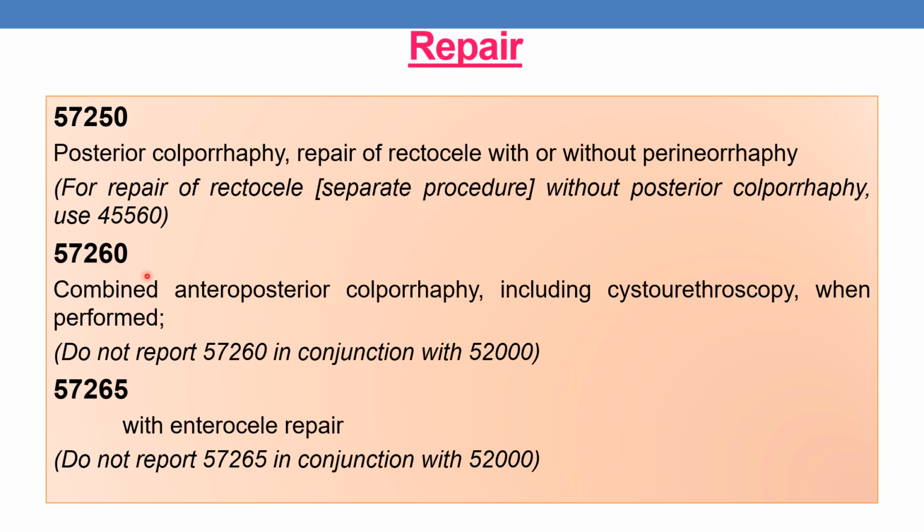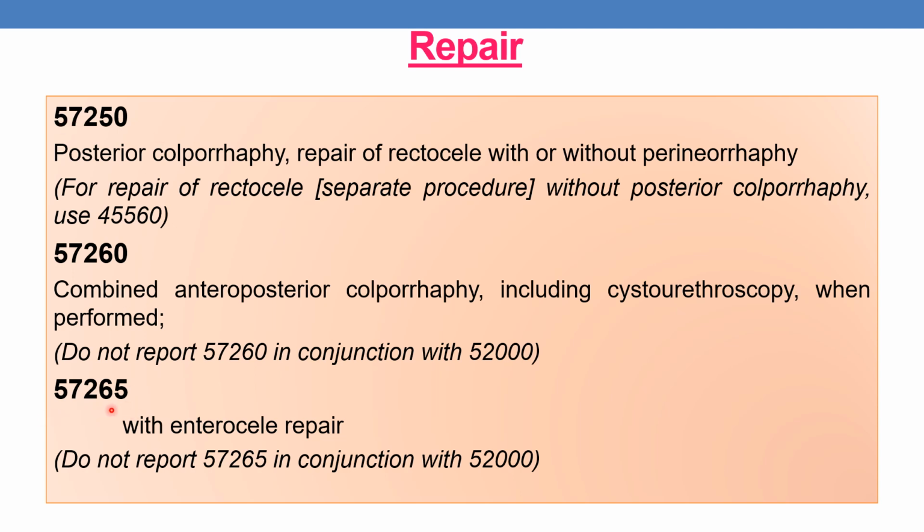Combined anteroposterior colporrhaphy, including cystourethroscopy when performed. For combined anteroposterior colporrhaphy, the CPT is 57260. For only posterior colporrhaphy and repair of rectocele with or without perineorrhaphy, the CPT is 57250.